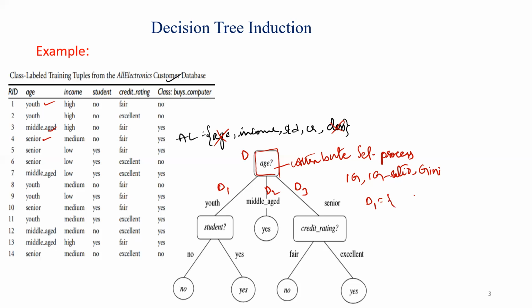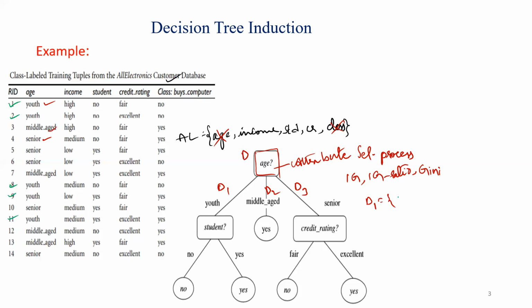So according to this, which tuples fall under the D1 partition? We will go through by considering RID. Here, RID 1 is there, whose age value is youth, and 2 is also there, and 8, 9, and 11.